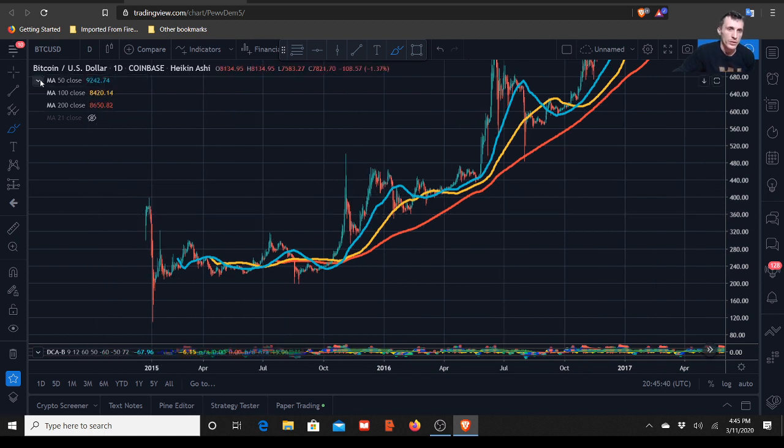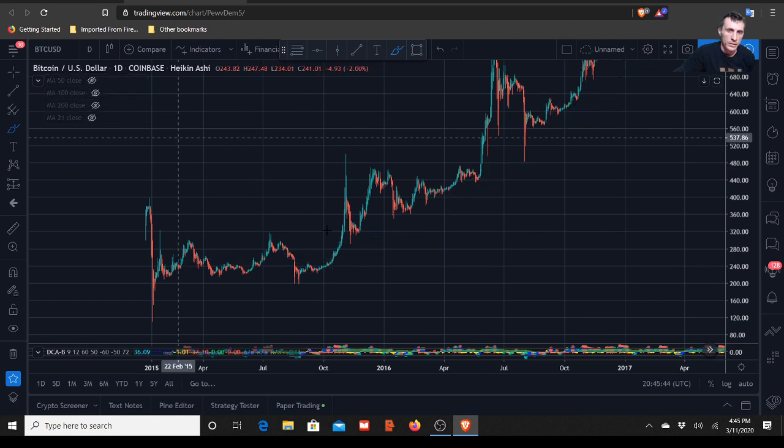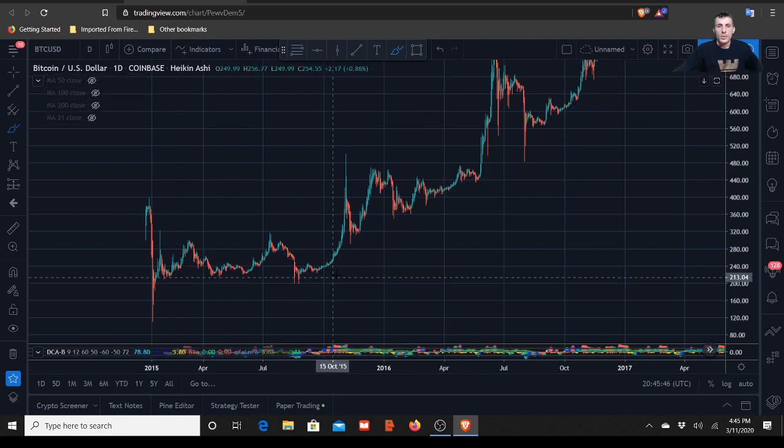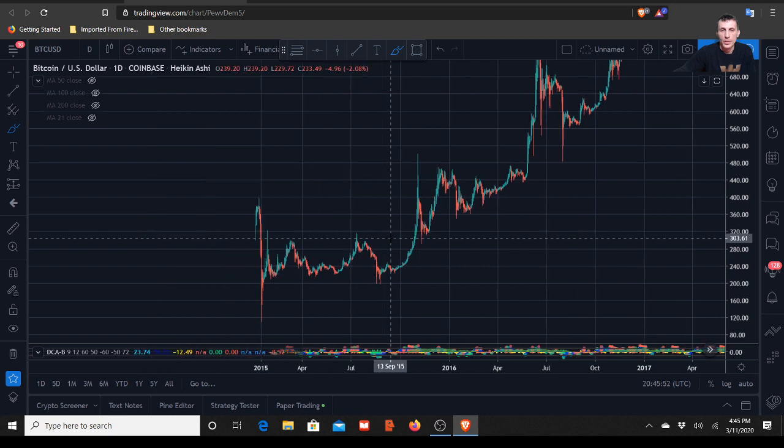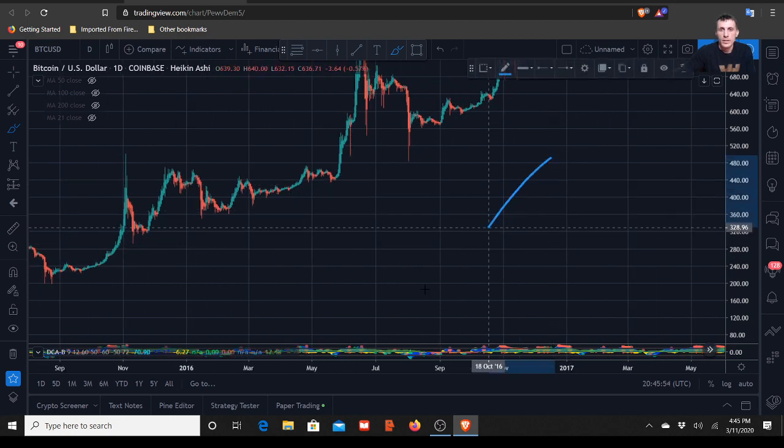Turn the MAs off and show you guys one other thing. We had a double bottom back here too. We hit here and then kind of hit over here, and we took off. Now I'm gonna reset the chart and go back.